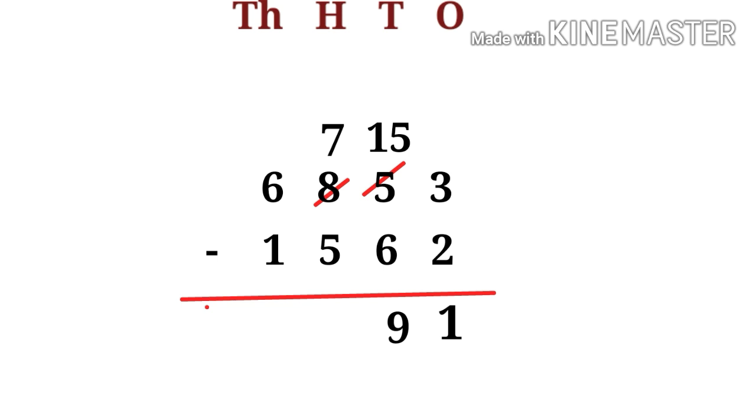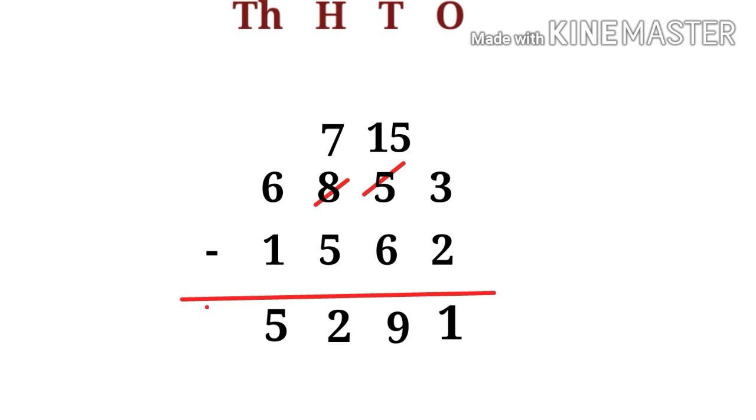Next, subtract 100 place digits, that is 7 minus 5, that is equal to 2. Next, subtract thousands place digits, that is 6 minus 1, that is equal to 5.